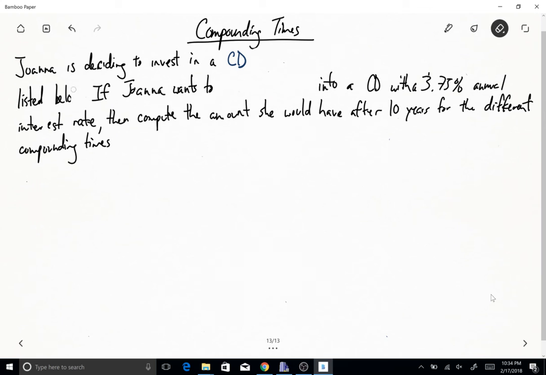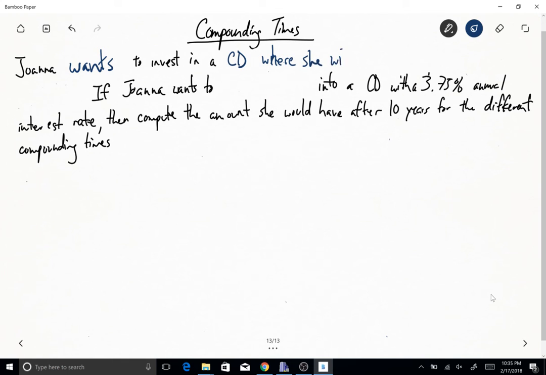Let's do it this way, where she will have $20,000 after, let's say, we'll use 15 years this time.